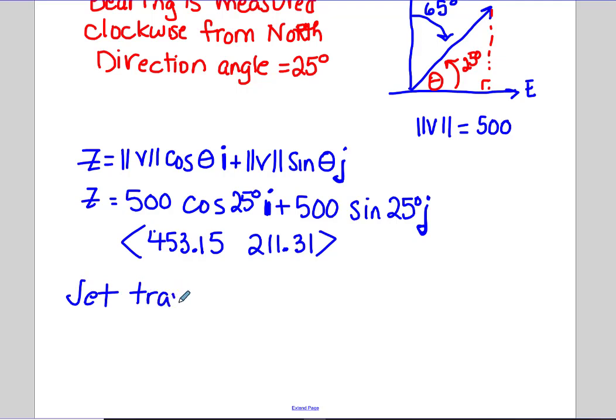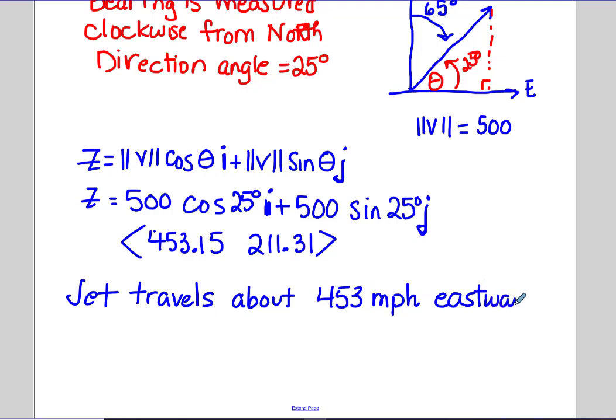So explaining that, what we know now is that the jet travels about 453 miles in an hour, so miles per hour, on the east path, and it's going to travel about 211 miles, or in an hour, 211 miles per hour in the northward path.